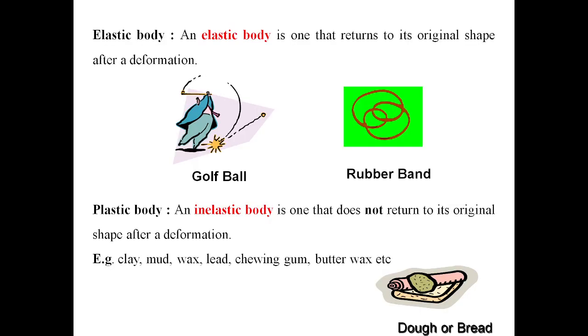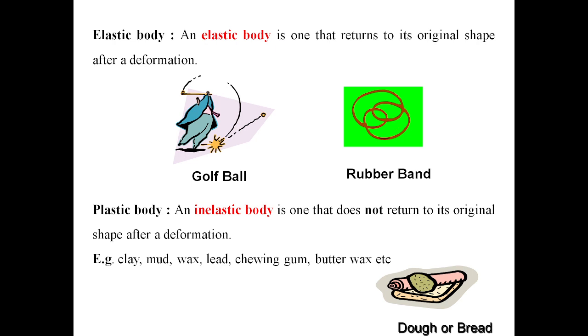What is meant by an elastic body? An elastic body is one that returns to its original shape after a deformation. For example, if you stretch a rubber band at both ends by your hand, the rubber band expands upon applying the forces at both ends of the band.